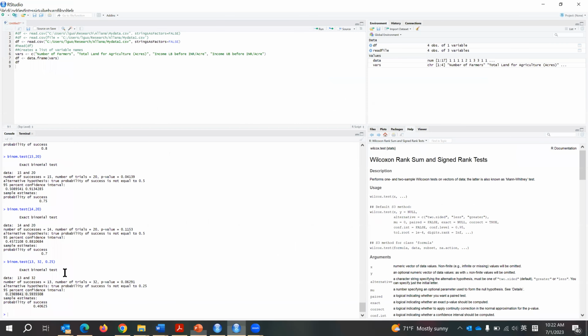Let's say we have a one-tail test, so we need to define the alternative as greater, right? Alternative equals greater.